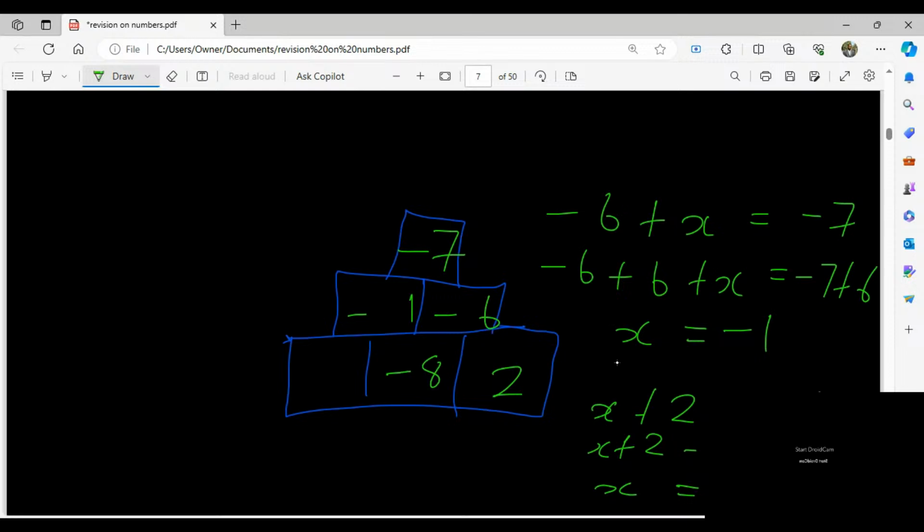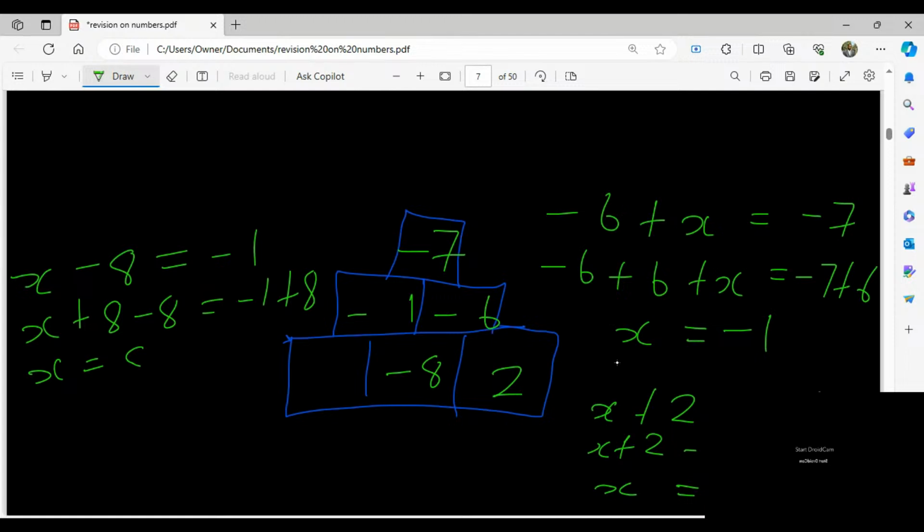And then the last one, we're going to write it this side. X, a missing number, plus minus 8 is equals to minus 1. So we're going to add positive 8 both sides so as to eliminate this 8 here, equals to minus 1 plus 8. So x is the same as, we can rearrange this, 8 minus 1, and then x is equals to 7.